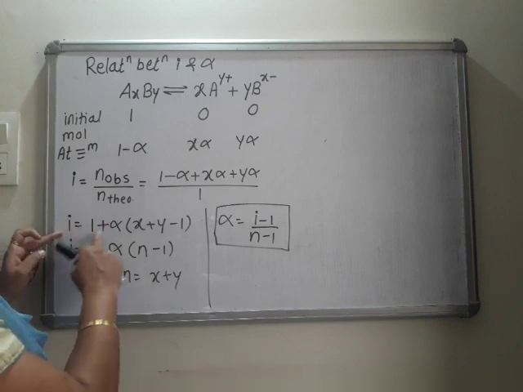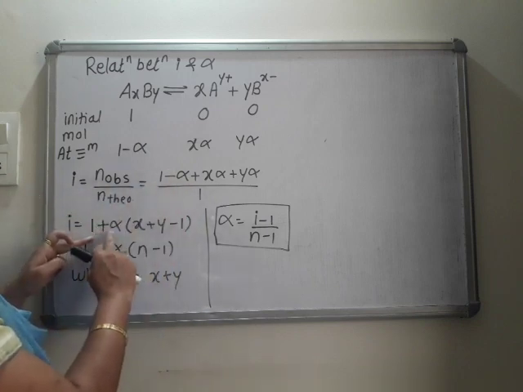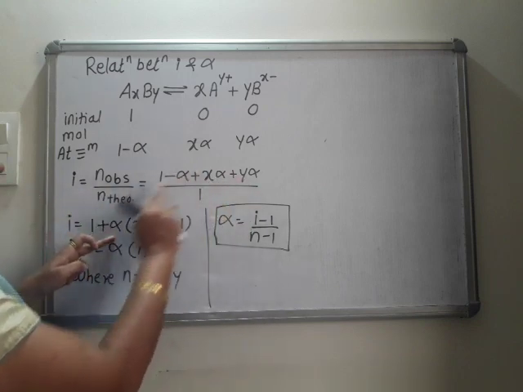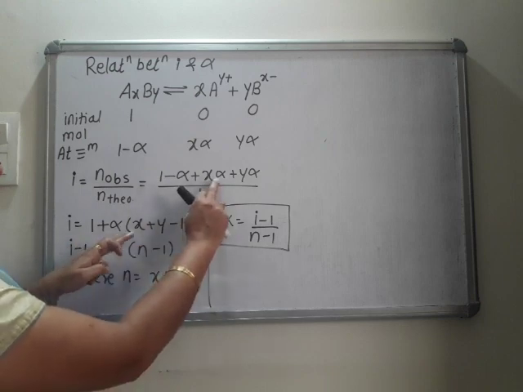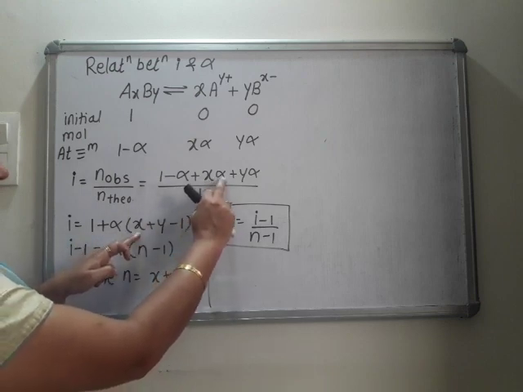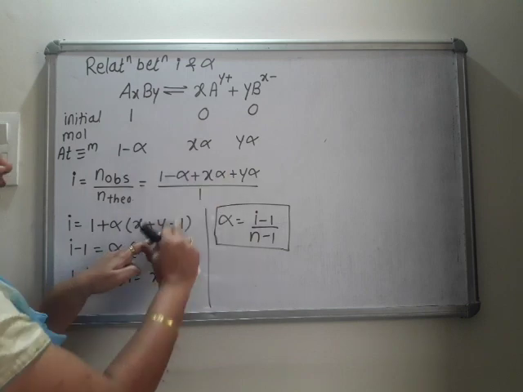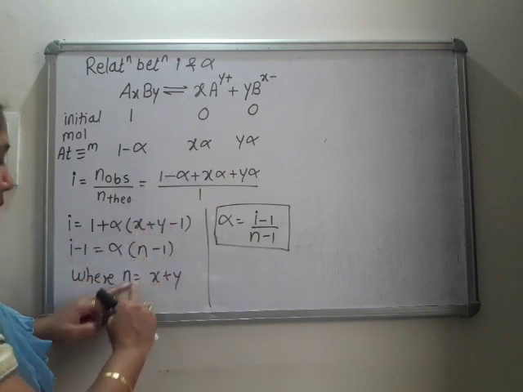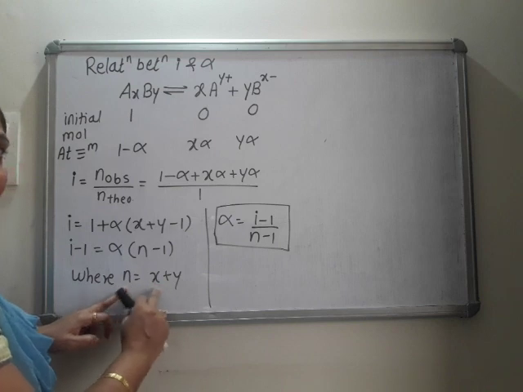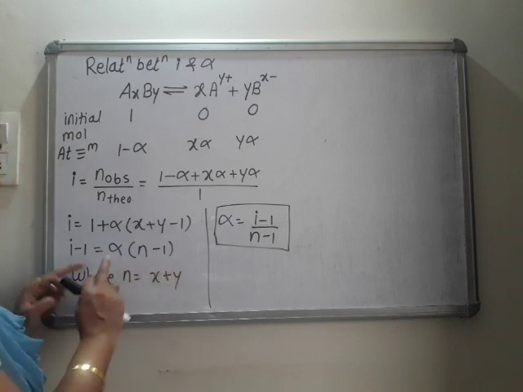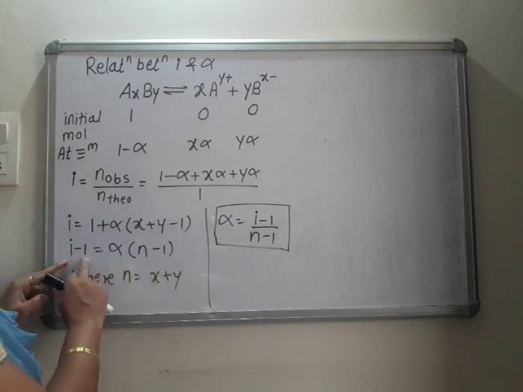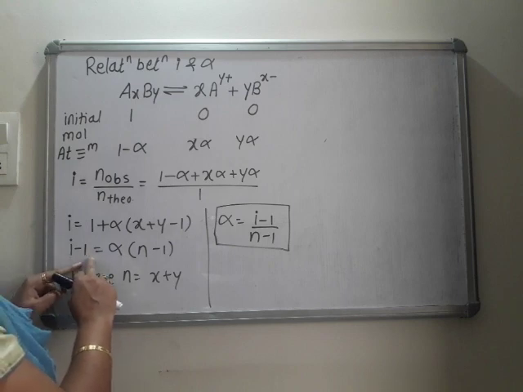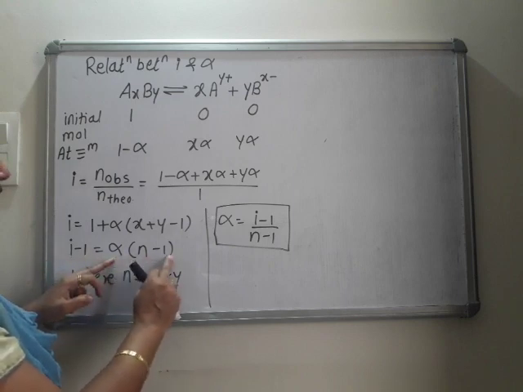So we get i is equal to 1 plus, taking alpha common. What is left inside the bracket? X plus Y, and this minus 1 here. X plus Y I replace by n, where n means the number of ions obtained after dissociation. So what is the equation? i minus 1 is equal to alpha times (n minus 1).